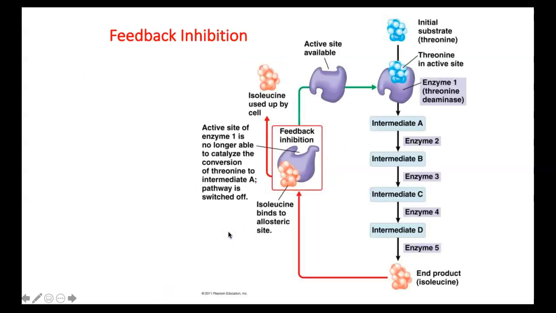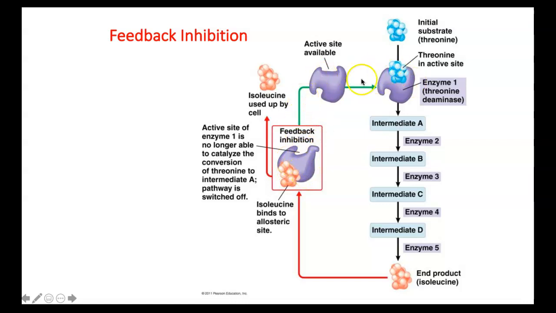Here's a picture to go with feedback inhibition. So kind of follow along here. The initial substrate binds to the enzyme. Through a series of reactions, that initial substrate is going to get converted into a product. That product, after enough of it is made, one of them or some of them will loop back around and allosterically bind to that original enzyme.